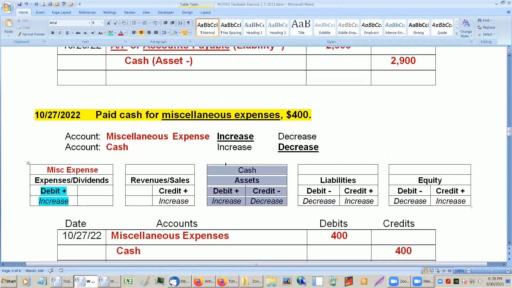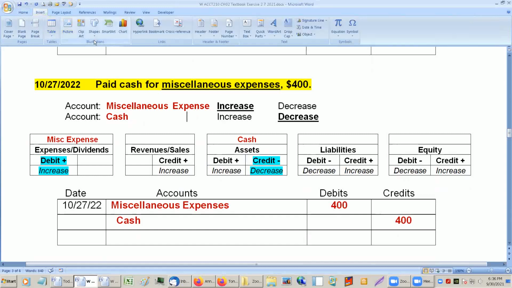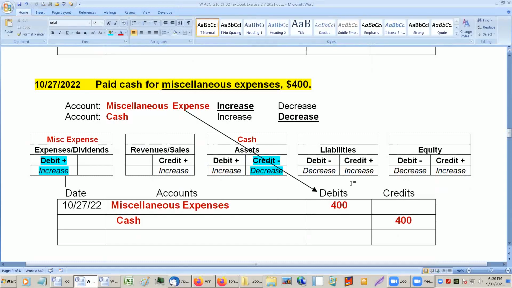Cash is going down. Credit. But truthfully, if you know that it's an expense, that's your debit.